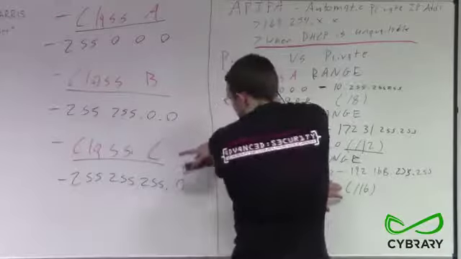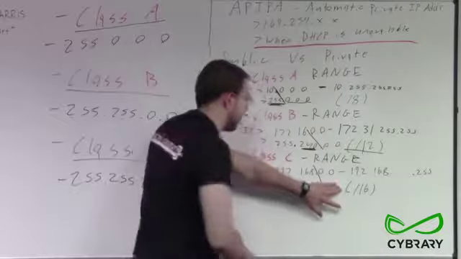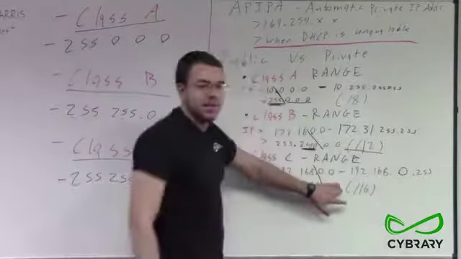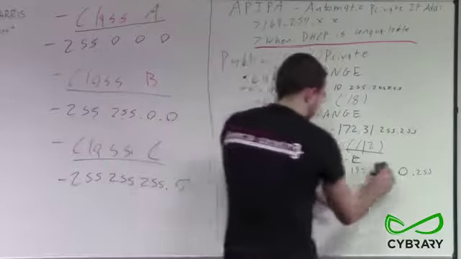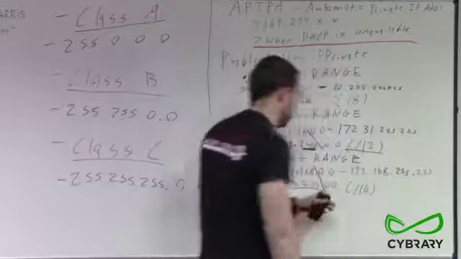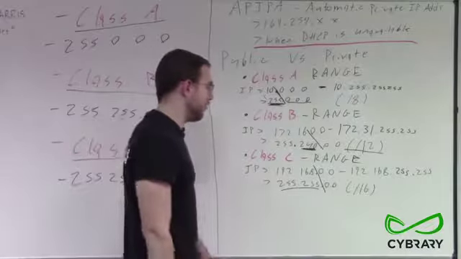Using this mask, we would only have 192.168.0.0 through 192.168.0.255. So by giving us that little extra room, we have a lot more potential networks and a lot more potential hosts to use for our private address range.